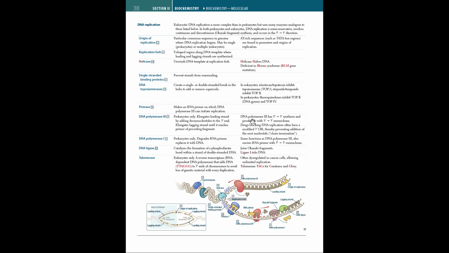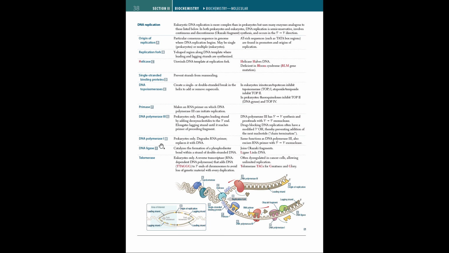DNA polymerase 3 has 5' to 3' synthesis and proofreading with 3' to 5' exonuclease. Drugs blocking DNA replication often have a modified 3' OH, thereby preventing addition of the next nucleotide, chain termination.